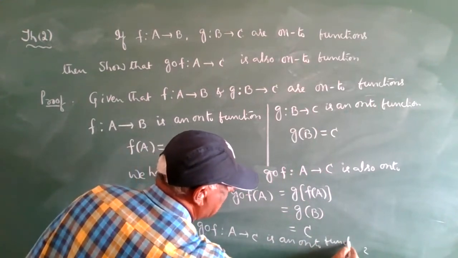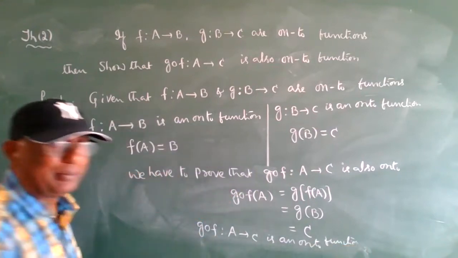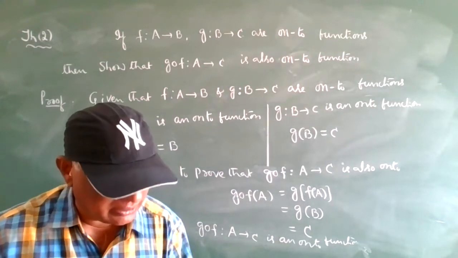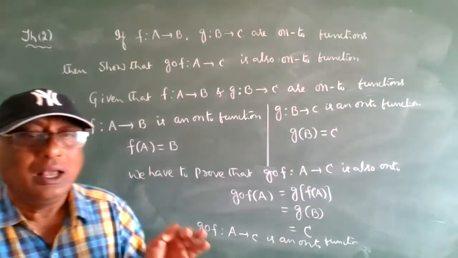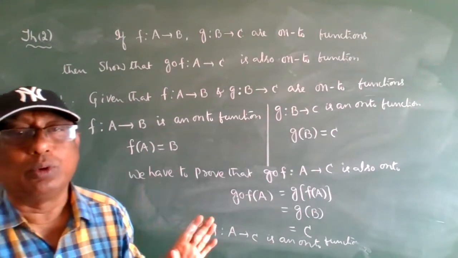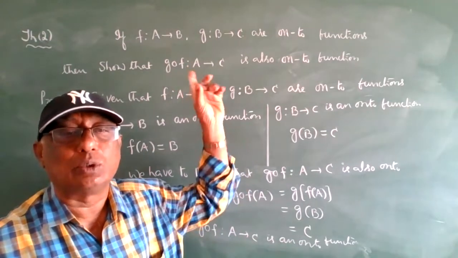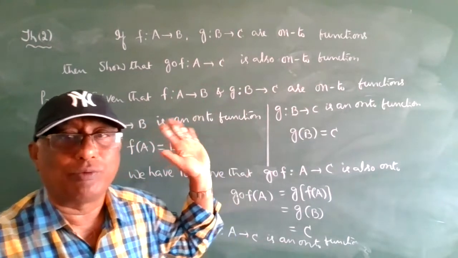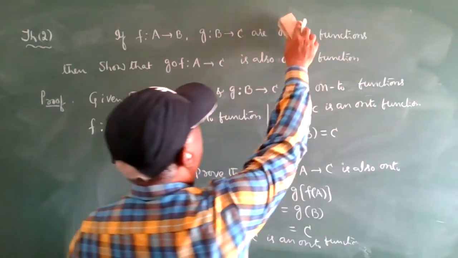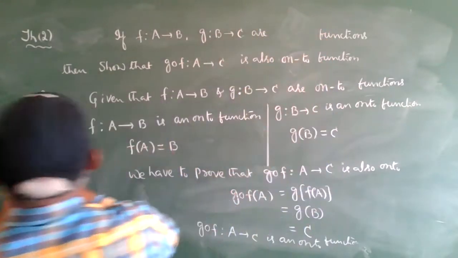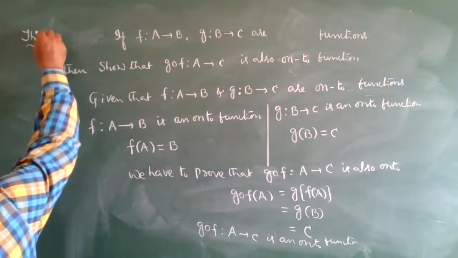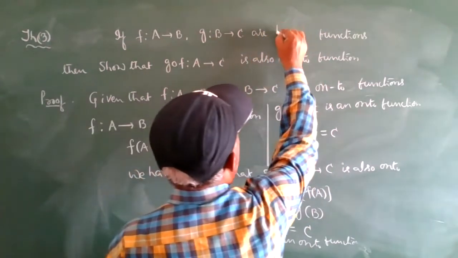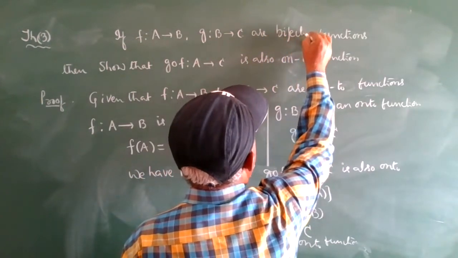That's enough. Two theorems are completed easily. We understand theorem two, and I go through the third theorem. That is bijective. To prove bijective means write down the proofs of theorems 1 and 2. Theorem number 3: f is a mapping from A to B, g is a mapping from B to C, and both are bijective functions.